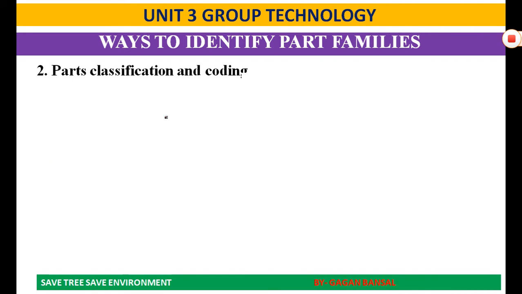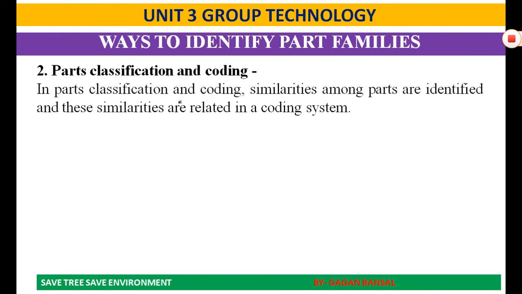Second is part classification and coding. As I already mentioned, I have made a separate lecture for part classification and coding. So in short, what is part classification and coding? Let's discuss. In part classification and coding, similarities among parts are identified and these similarities are related in a coding system.